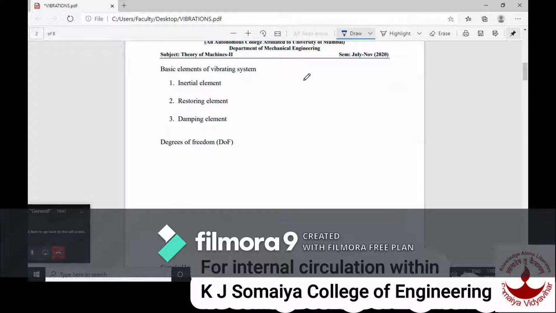For example, if we consider a spring mass damper system, the inertial element is represented with M as lumped mass, whereas the characteristic of the restoring element is the stiffness.